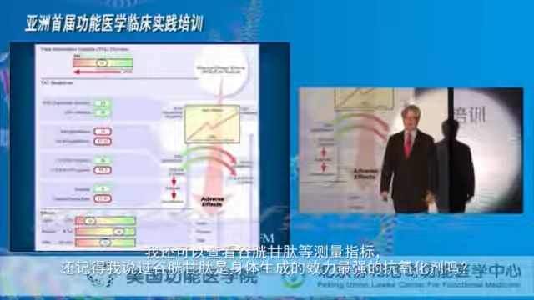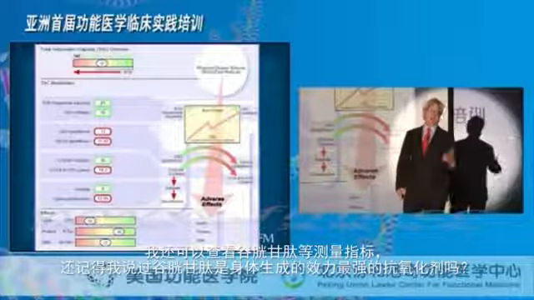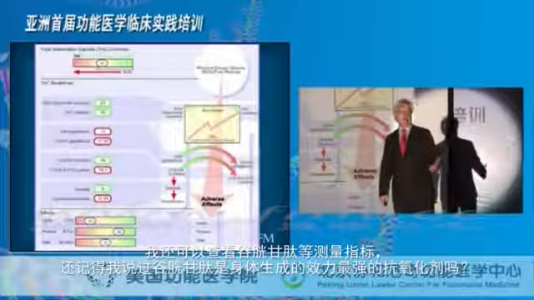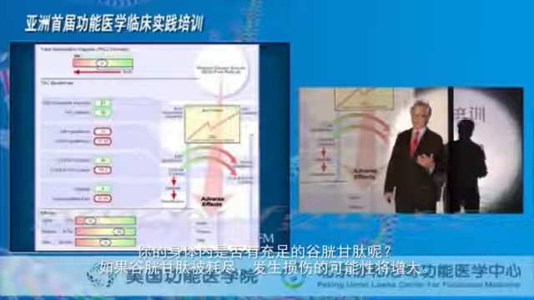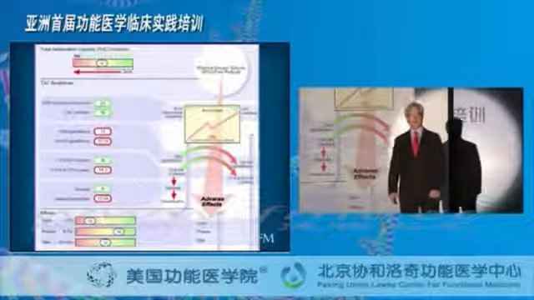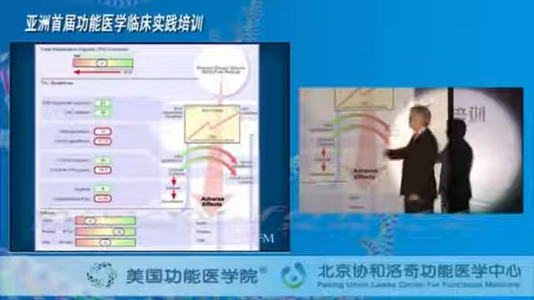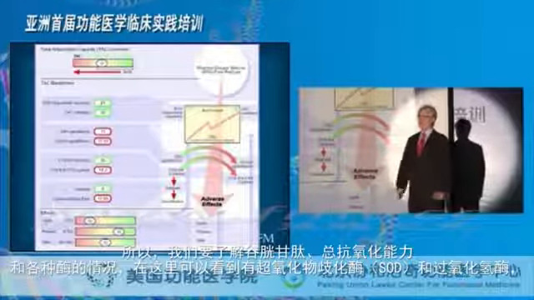Glutathione will tell me, recall that I said this is the most potent antioxidant that our body produces. Do you have enough of it? When it's depleted, you're more likely to have damage. So we look at glutathione, we look at the total antioxidant capacity.